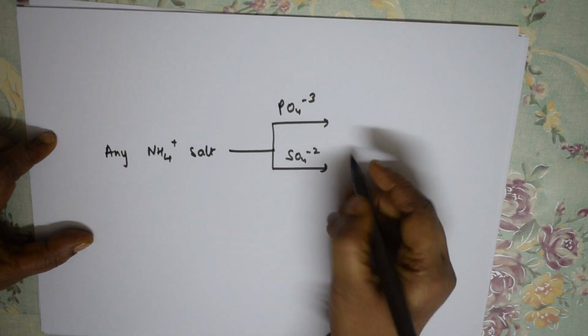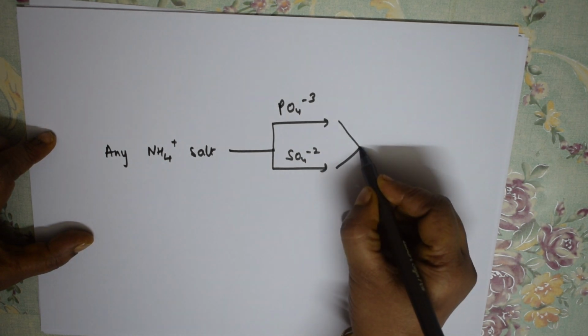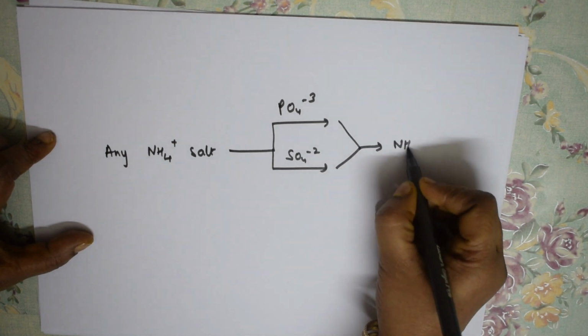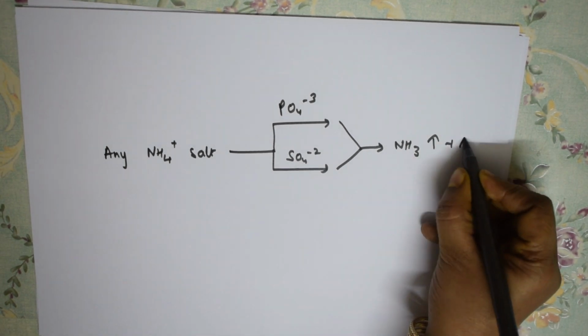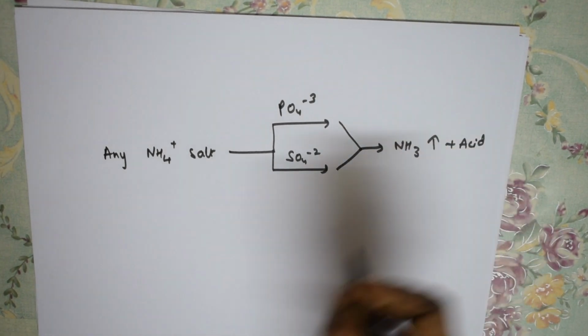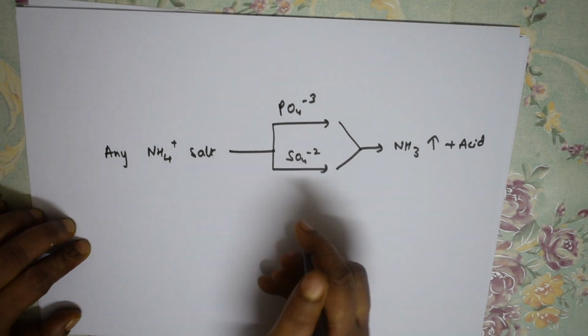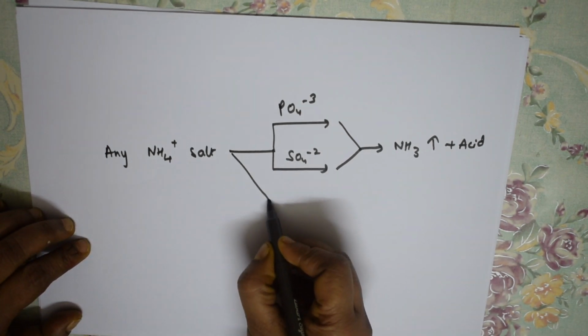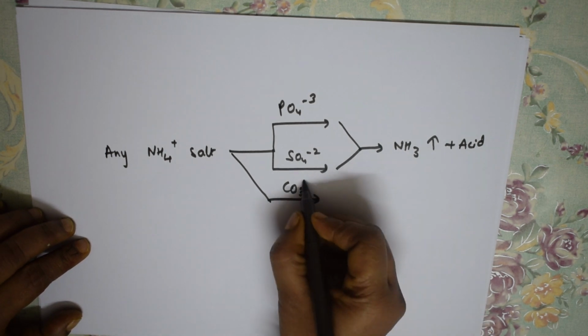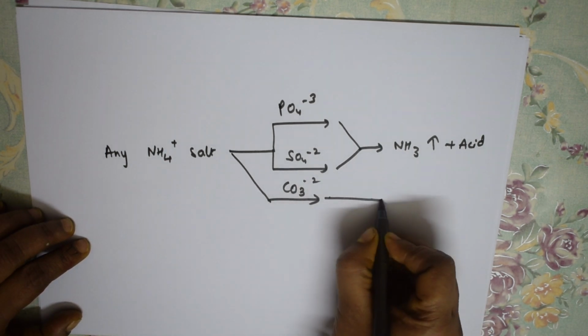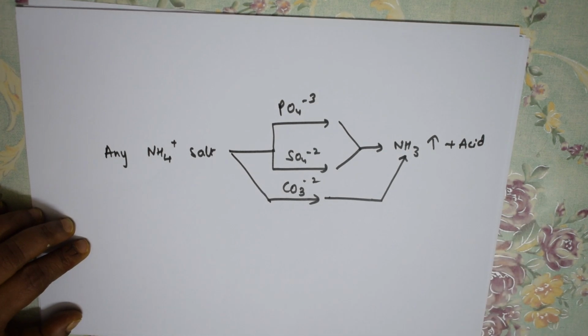So what do they give? They compulsorily form or release ammonia. The ammonia gas is compulsory along with the acid plus ammonia gas. Okay, let us check. Suppose if I take the same ammonium salt and I allow it to combine with carbonate, like ammonium carbonate, what does it give? It again gives me ammonia plus acid.